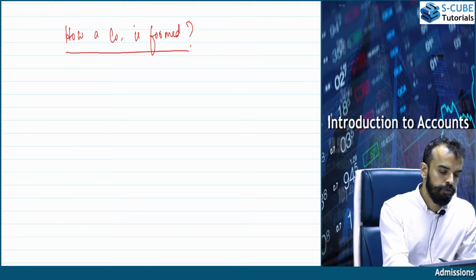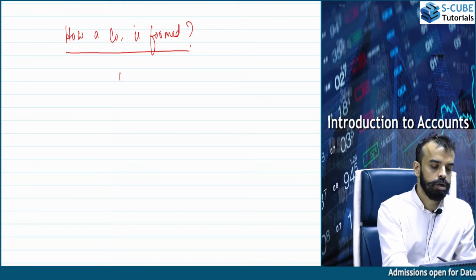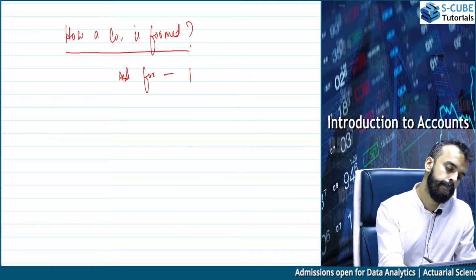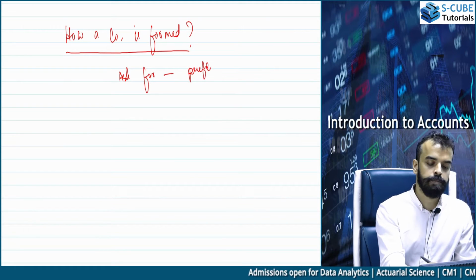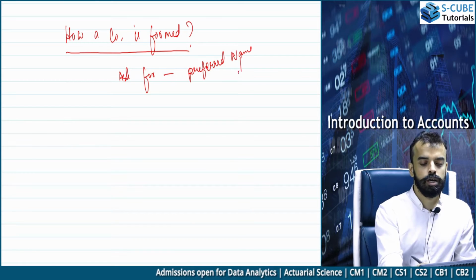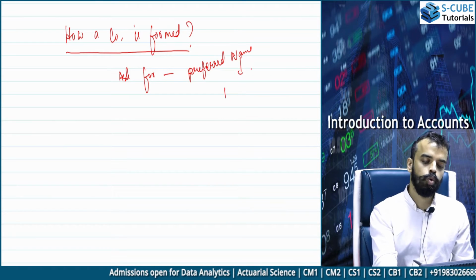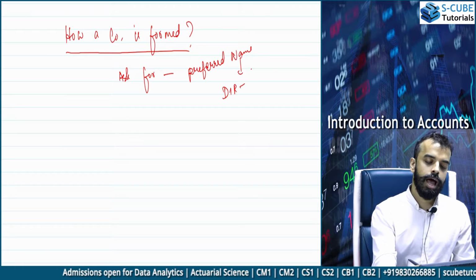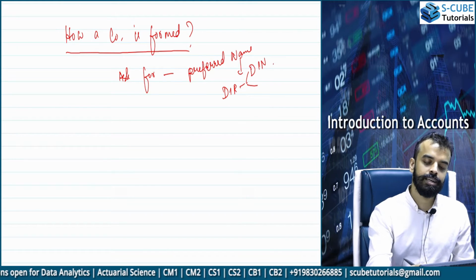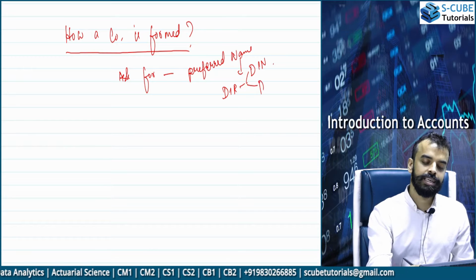Firstly, we ask for a preferred name of the company. After that we ask who are going to be the directors, and for the directors to be eligible, they need to have a DIN and DSC.